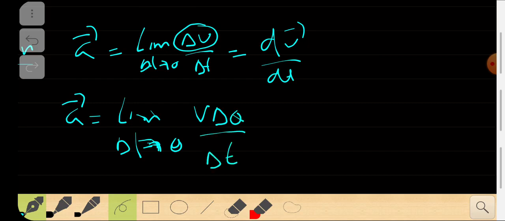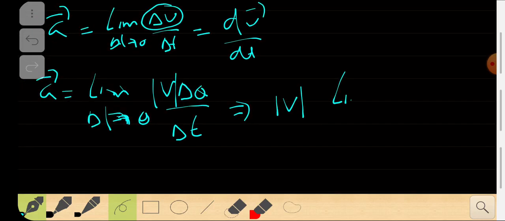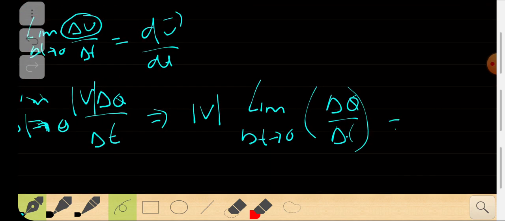So you can substitute that. Now I can take the magnitude of velocity outside, and you get the magnitude of velocity times the limit as delta t tends to 0 of delta theta by delta t. That's the textbook definition of a differential.